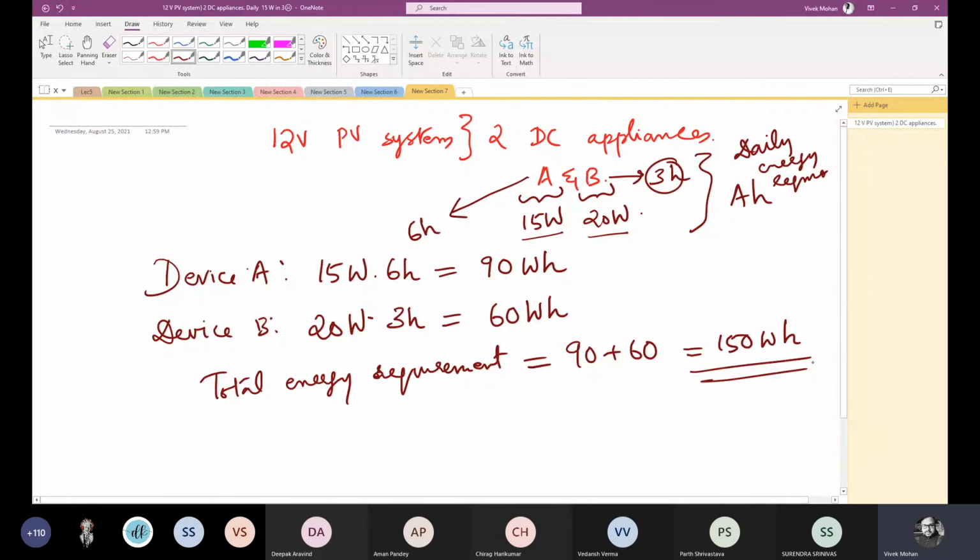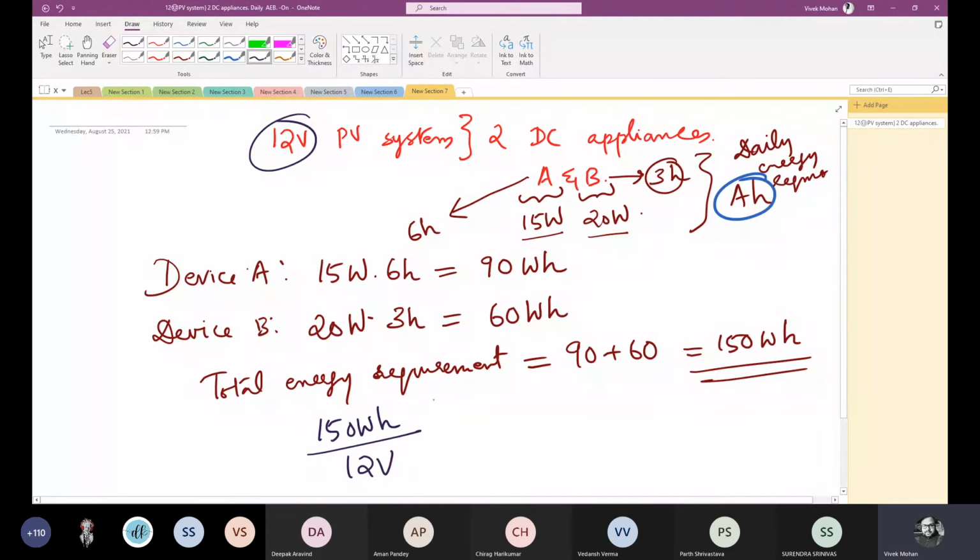Now, I want to convert this watt hours to AH, right? Daily energy requirement in AH, the ampere hours, is what is asked. So from this 150 watt hours, I need the voltage. What is the voltage? Standard voltage of the PV system. It is given 12 volt PV system, right? So 150 watt hours divided by 12 volt.